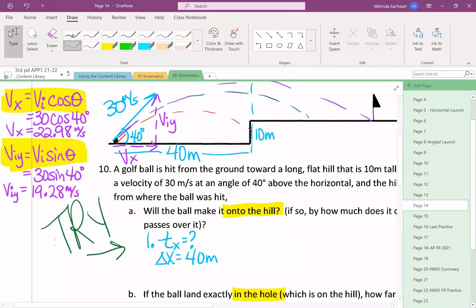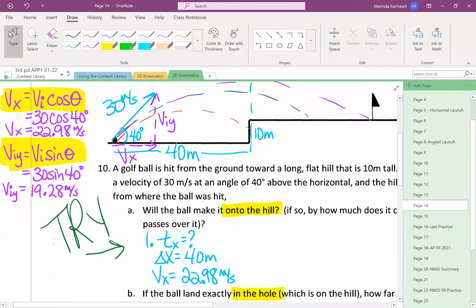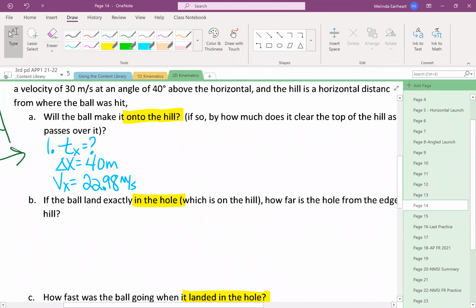Okay, so with that, now we know the horizontal velocity. Is this enough to find time in the horizontal? What equation do we use in the horizontal? The second one. So I'm going to put it in horizontal displacement terms.